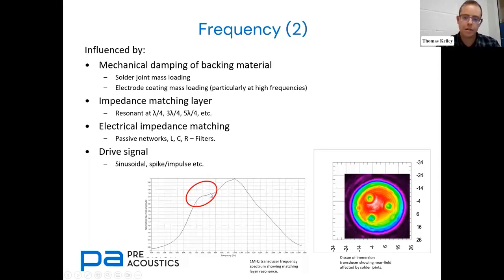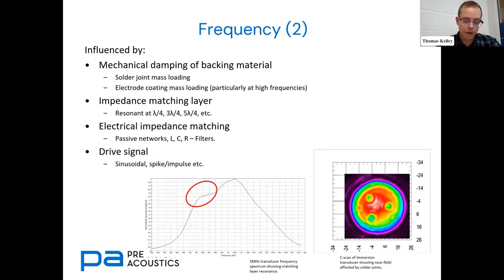This is the effect of adding a matching layer to a transducer which had a nominal 1 megahertz piezo element, but we've also introduced this additional resonance by tuning an impedance matching layer to resonate at this frequency. So we've broadbanded the transducer a little bit through the use of the impedance matching layer. And we'll talk more about them a little bit later.